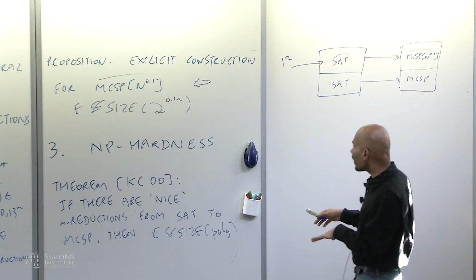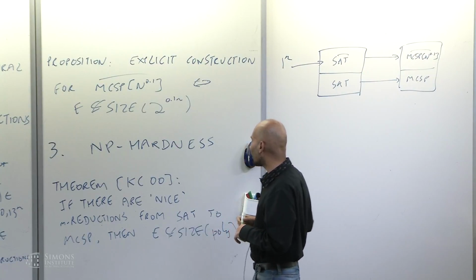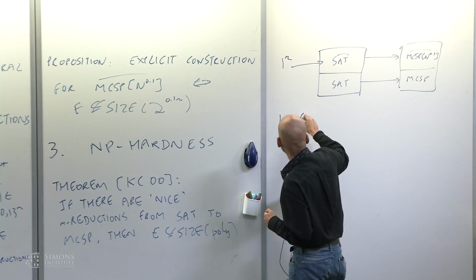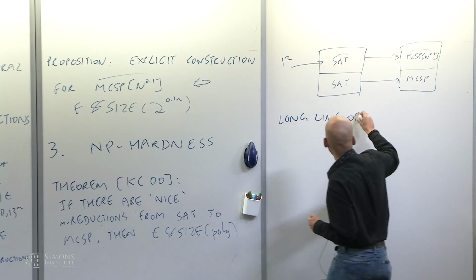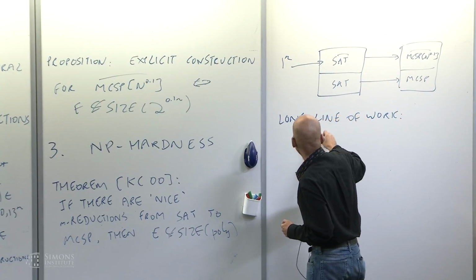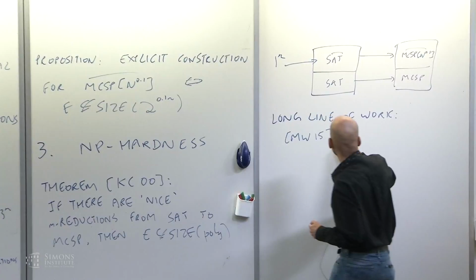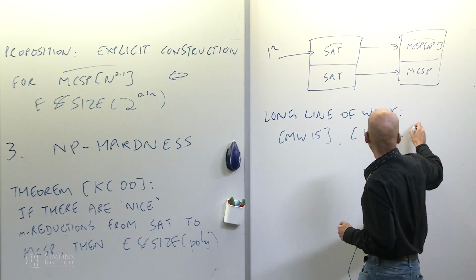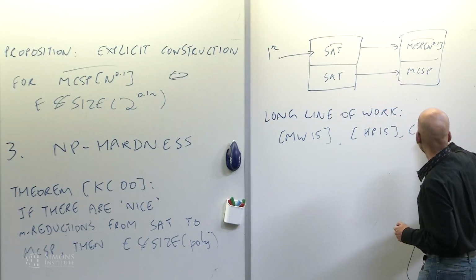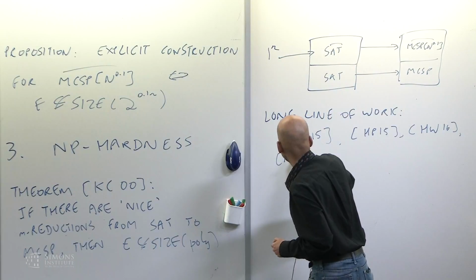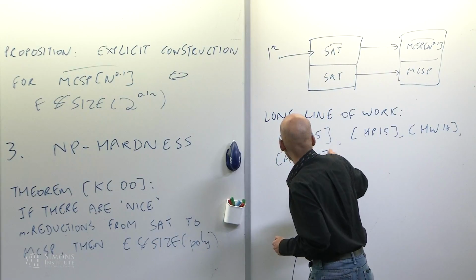So this actually led to a long line of work. Just to give you a few examples, there's Ryan and Cody Williams, there's Hitchcock and Pavan, there's Shuichi and Osamu Watanabe, there's Eric, Dheeraj, and Valentin.